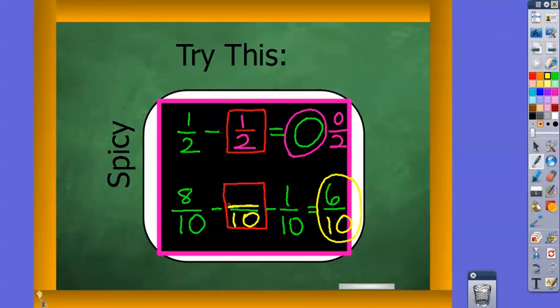Well, I've got 8 minus blank minus 1 is equal to 6. So I know that 8 minus 1 is 7, so 8 minus 1 and 8 minus 1 again would give me 6. So 8/10 minus 1/10 minus another 1/10 is equal to 6/10. So make sure that our denominators stay the same, and we were able to fill in our numerator by looking at the numbers around it.